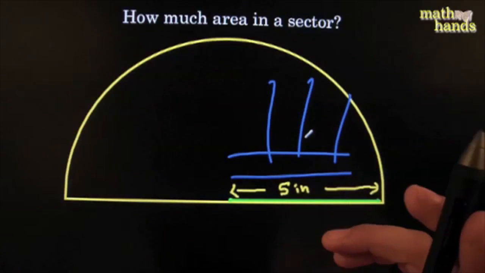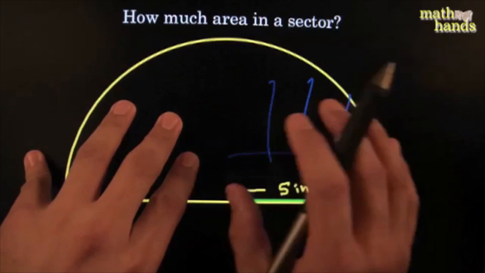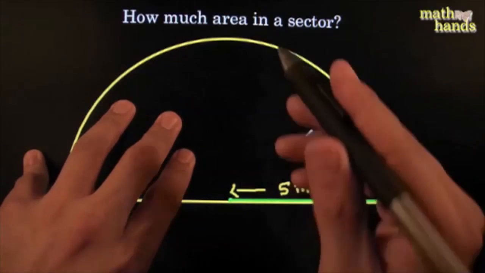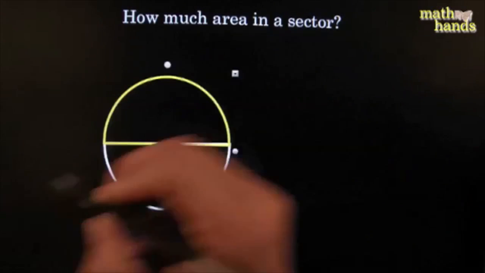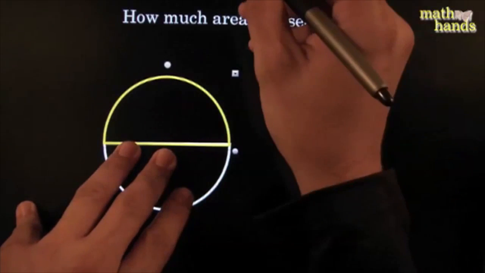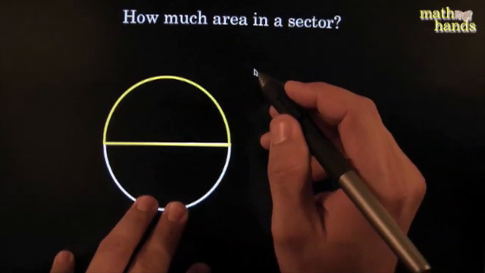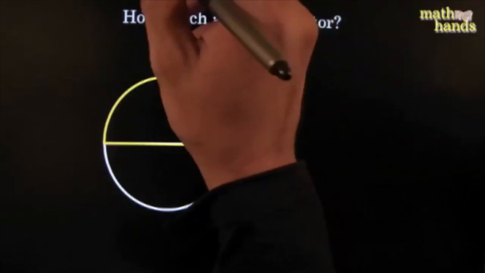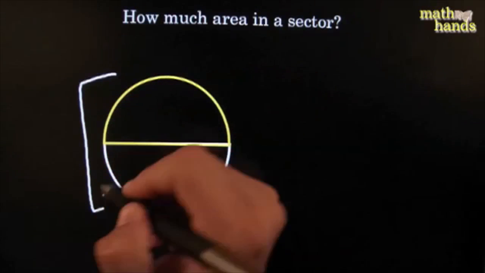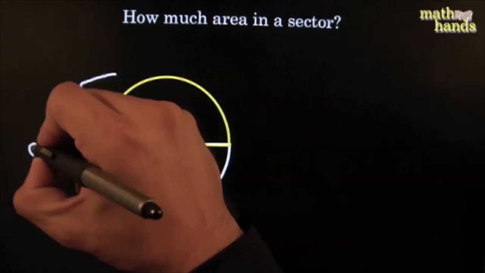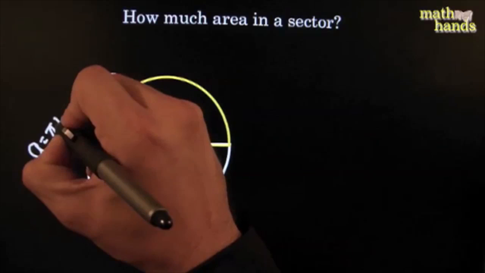Well, the concept is really easy now that we've done the area for the whole circle. One way to do it is to look at that as what it is. It's half the entire circle, so you could say to yourself, the whole circle is pi r squared.